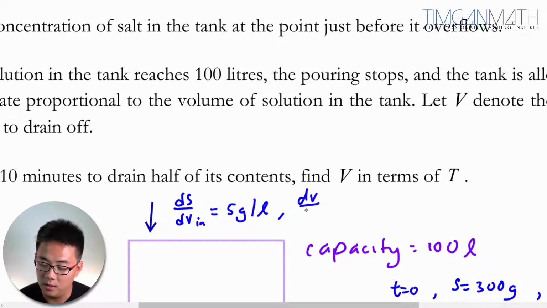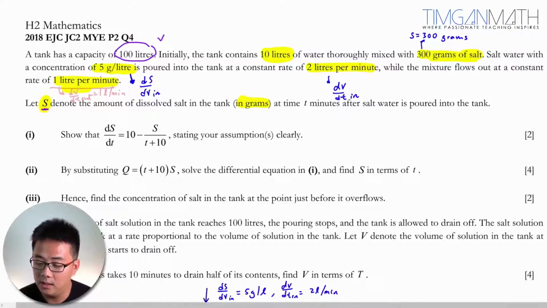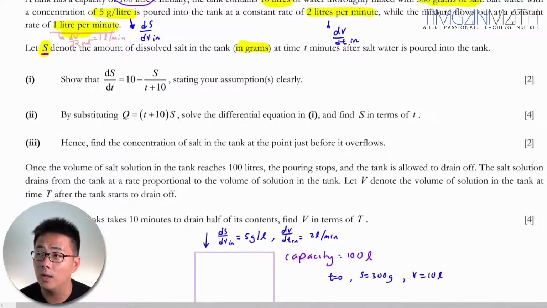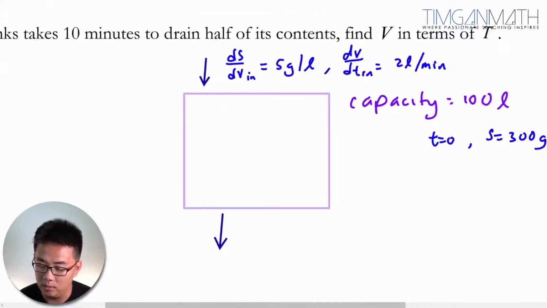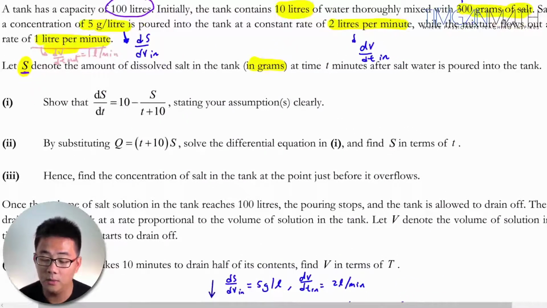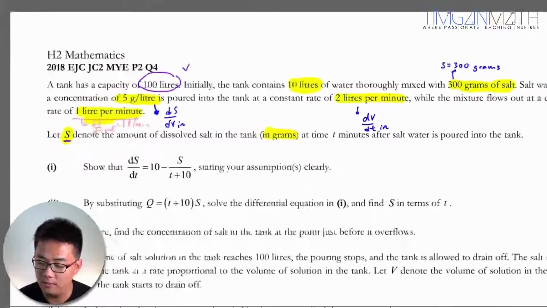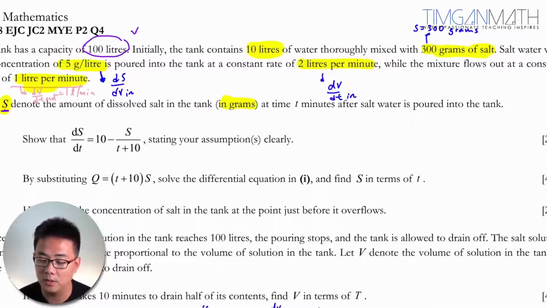So dV/dt in is 2 liters per minute. Then you are told that the water is going out at 1 liter per minute, so dV/dt out is 1 liter per minute. Then the next part is the amount of dissolved salt in grams, dS. Great, I think we have all the information that is needed to solve this question.